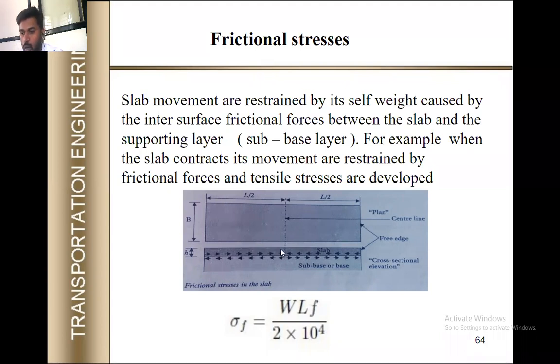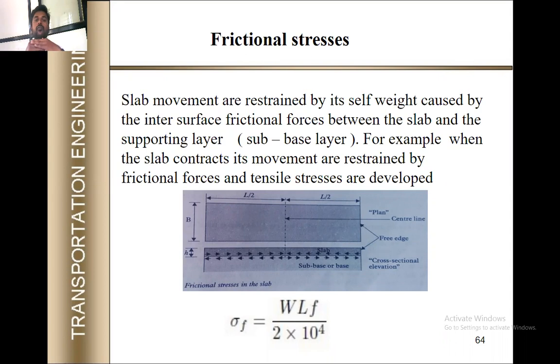Below is the subbase and above it is the slab. When there is a fall in temperature, the slab tries to contract, but there is interlocking between the slab and the subbase layer. So the slab tries to move, but the surface below does not allow the movement of the slab.